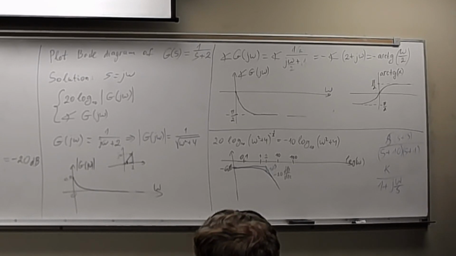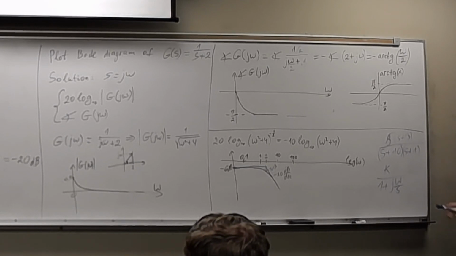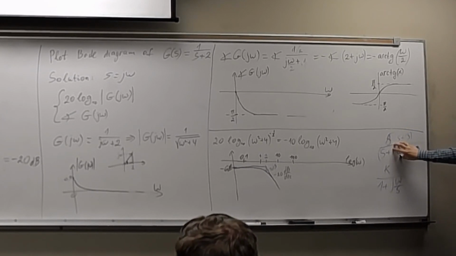It's just a constant. It will be just whatever is written here. If k equals 1, the gain will be 1. Amplitude, magnitude will be 1 for those. For those it will be a ratio of whatever you have on the top with that number.